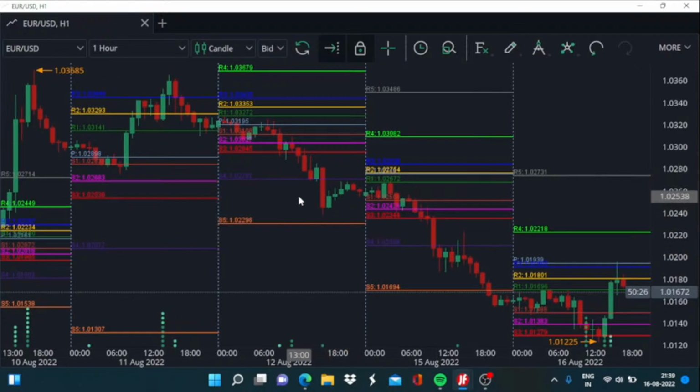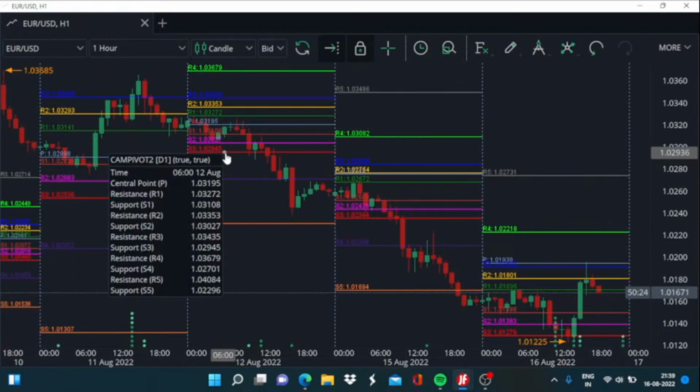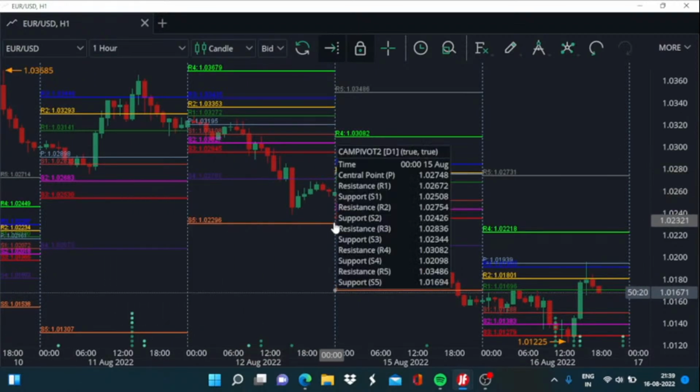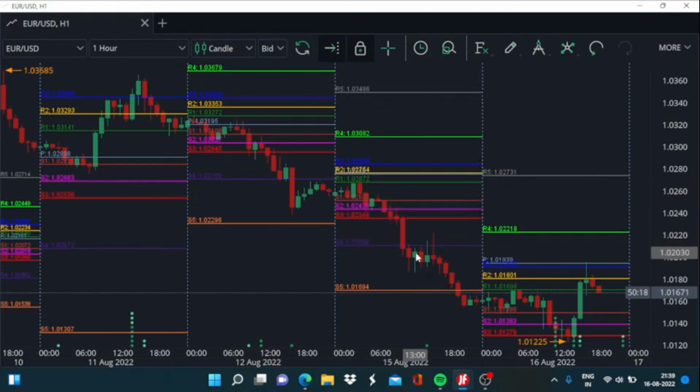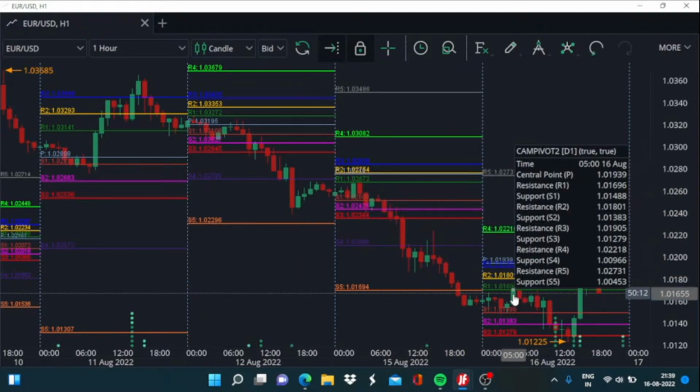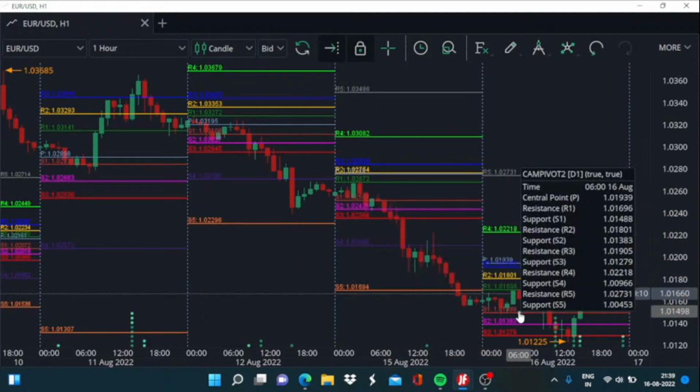So we get a good idea, and in the last couple of sessions we have seen that it has continued to decline below even the fourth support level, and on those days it has substantially declined, and even in the next session the decline continued.